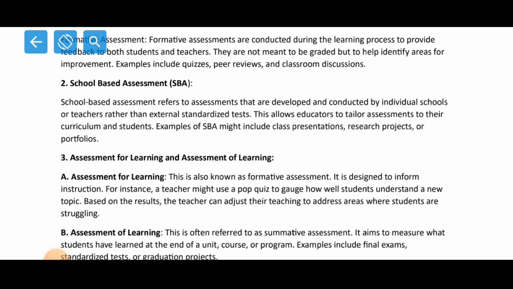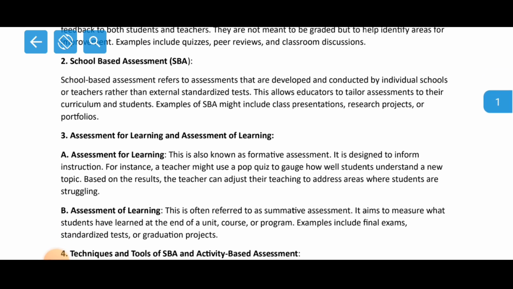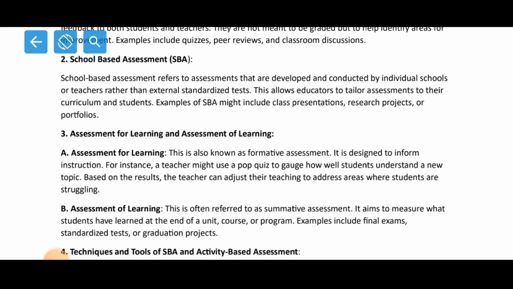The externals, they come from different schools, right? So this is not an example of school-based assessment. Here no externals are involved. Now this allows educators to tailor assessment to their curriculum, right?